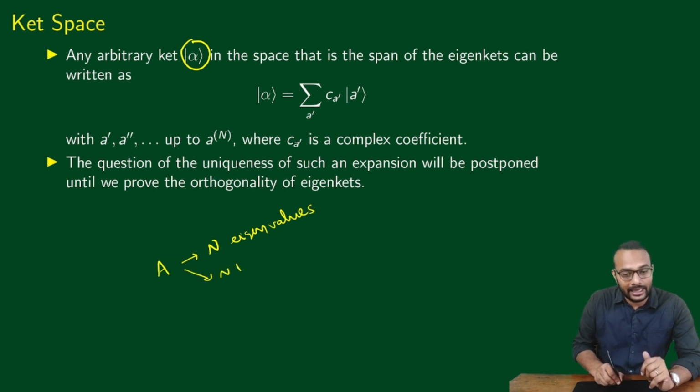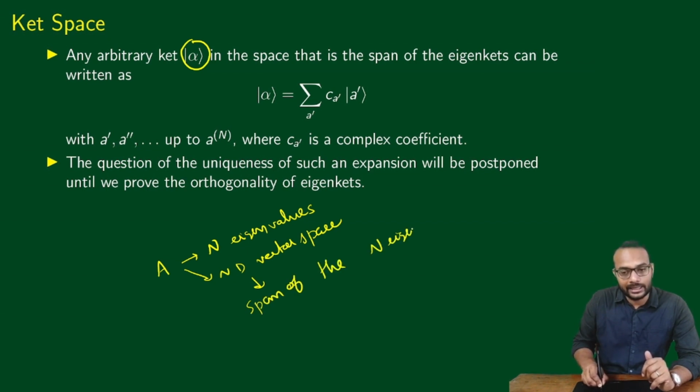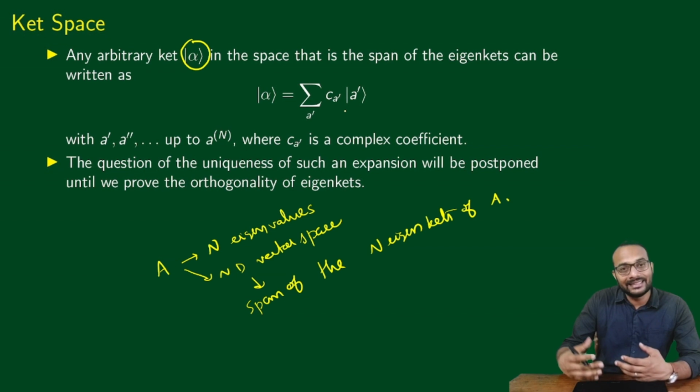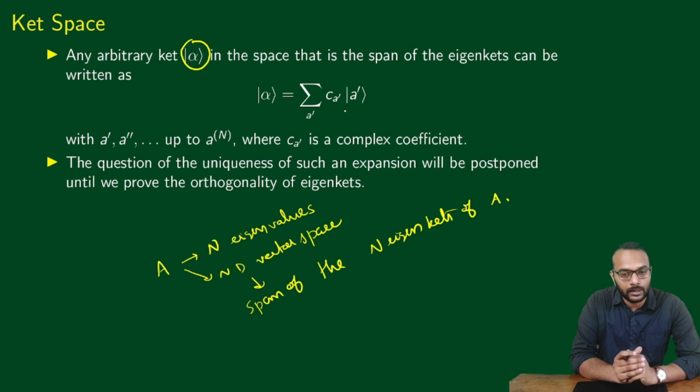Then we have to use an n-dimensional vector space, and this n-dimensional vector space is the span of the n eigenkets of A. This means that once you define an n-dimensional vector space, we can represent any vector in that space, or any physical state, as a linear combination of all these n eigenkets. In other words, these n eigenkets form a set of base vectors for the relevant complex space in question.